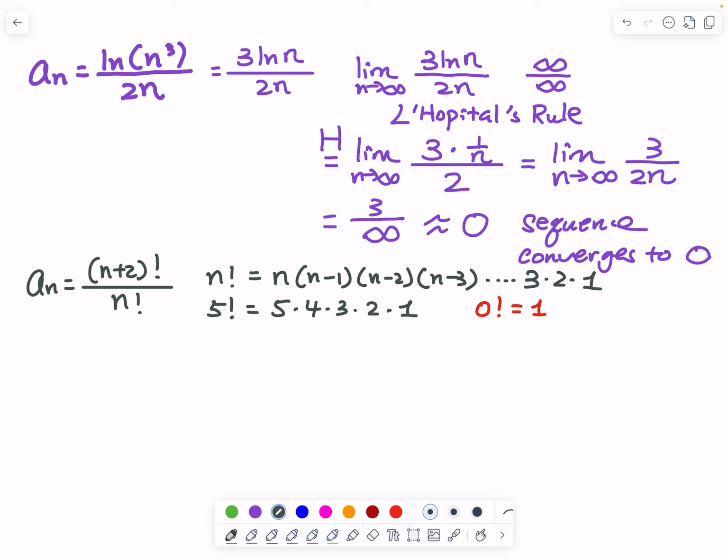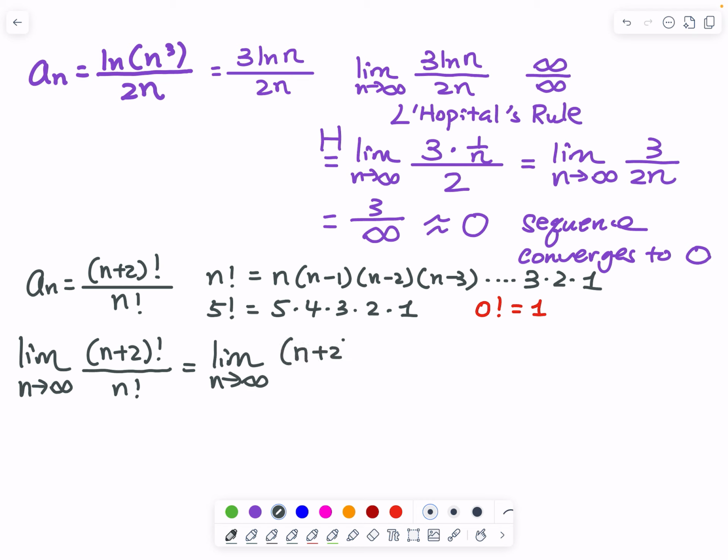This one, a_n equals n plus 2 factorial divided by n factorial. I take the limit as n approaches infinity. We don't need L'Hopital's rule right now because there is a simplification we can do after expanding n plus 2 factorial.